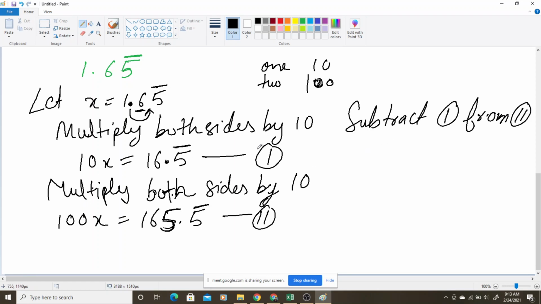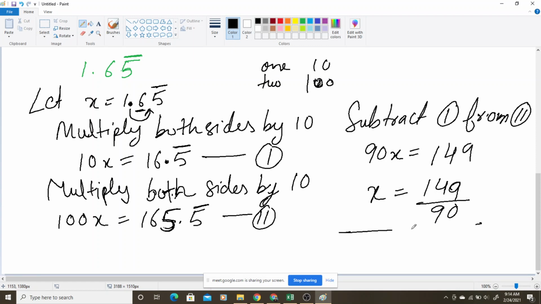So 100 minus 10, it will be how much? 90x. And 165.5 bar minus 16.5 bar, 5 bar minus 5 bar is 0, then 15 minus 6 is 9, you will get 149. Yes, sir, 149. So x will be what? 149 divided by 90. Okay, so this is your answer.